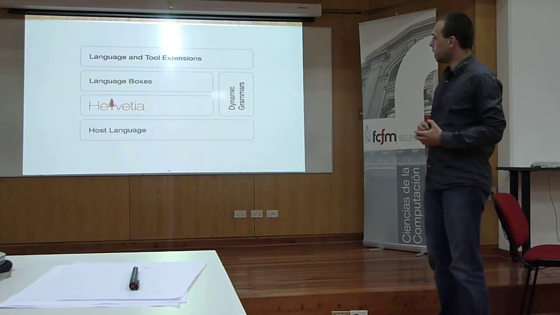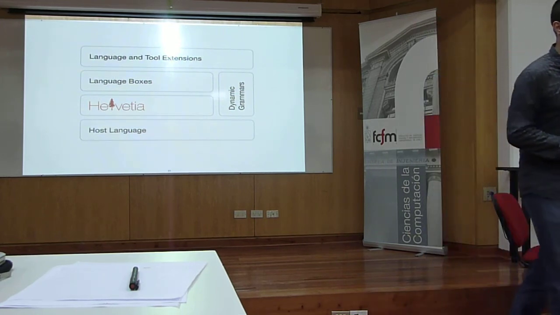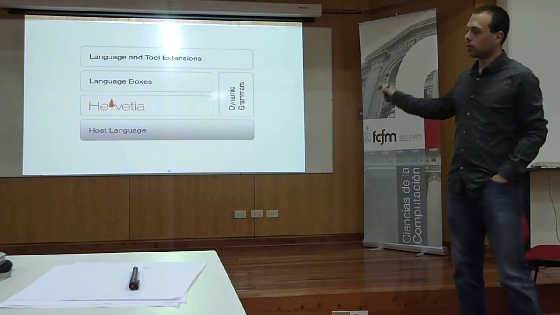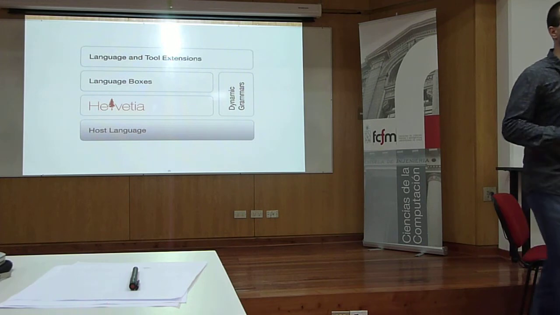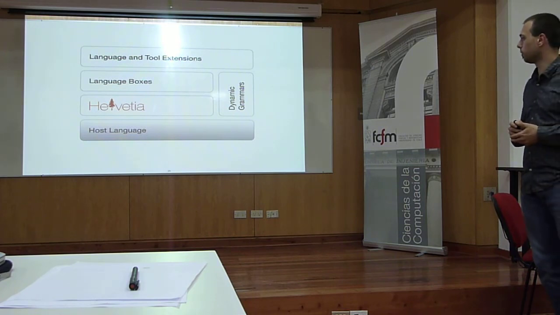So this leads me to a quick architectural overview and also the agenda for the remainder of this presentation. What we already talked about is the lowest layer. This is the host language. I'm not going further into that. This is what we take as given, and the Helvetia system is implemented on top of that.